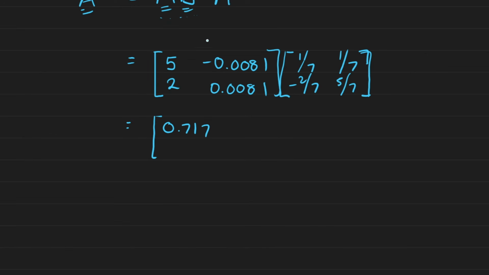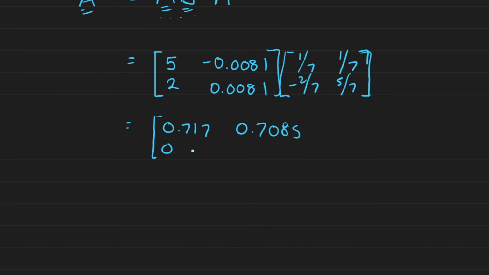0.717. And then we do the same here for column 1 and row 2, 5 times 1 over 7 minus 0.081 times 5 over 7. That will give us 0.7085. And then lastly, we have row 2 times column 1, so 2 times 1 over 7 minus 0.0081 times 2 over 7. And that gives us 0.283.